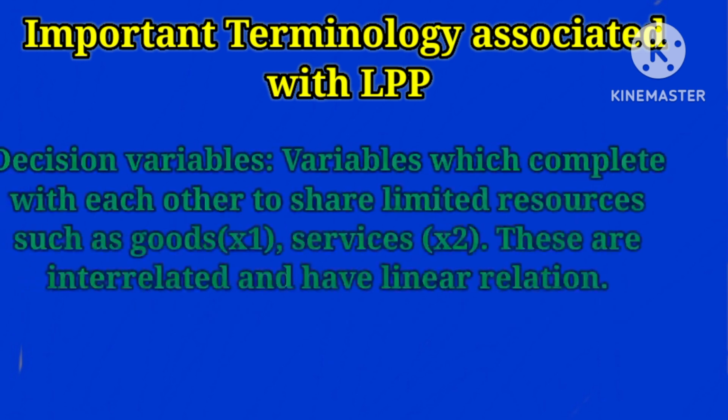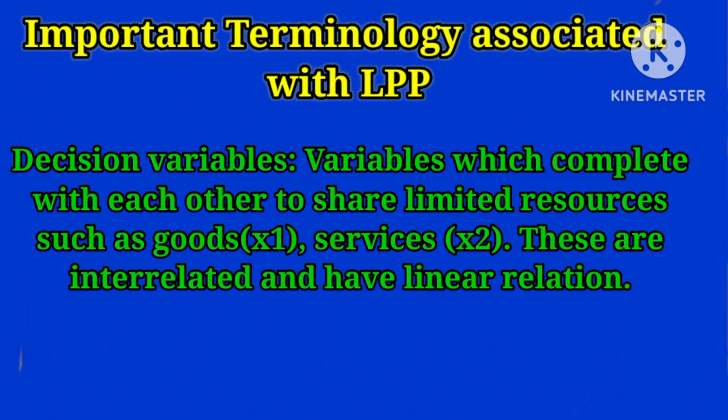Then next one is decision variable. Decision variables compete with each other to share limited resources. For example, if we want to produce x1 and x2, where x1 represents goods and x2 represents services, our aim is optimum allocation of resources between x1 and x2 so that our objective will be maximum, right?